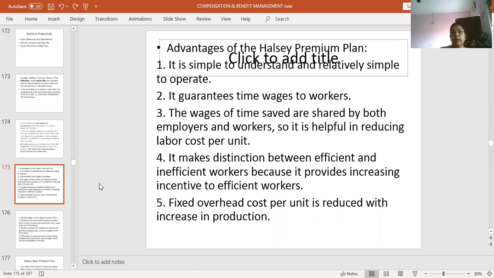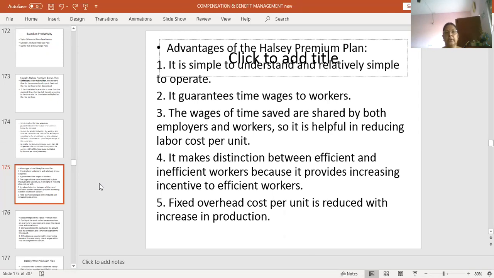And if they complete the work in less than the standard time, then the wages of time saved have to be shared between the employer and the workers. So this reduces the labor cost per unit. And also you can find out who are the efficient workers and who are the inefficient workers in your factory.